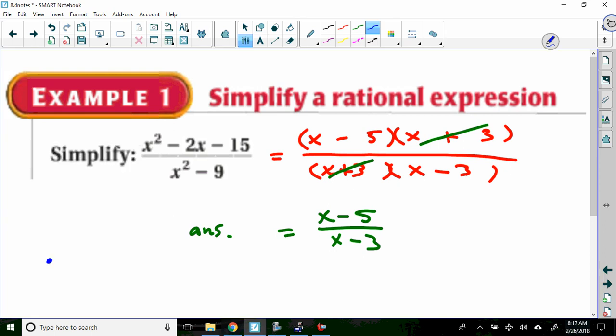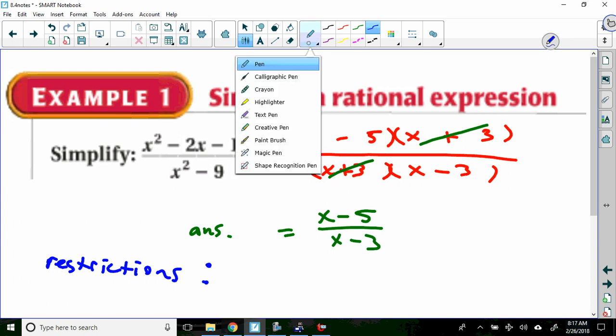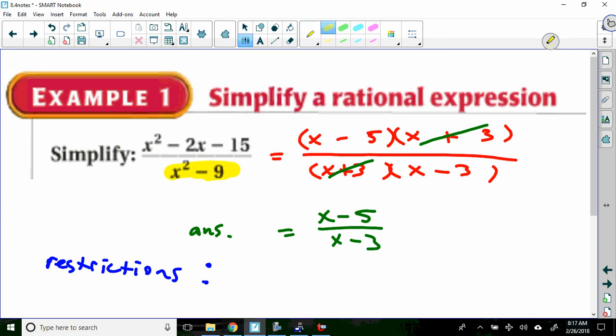If you were asked for the restrictions, you need to go all the way back to the beginning. Not just at the final product or result, but you need to go back and look at the denominator of the beginning. What are our restrictions?